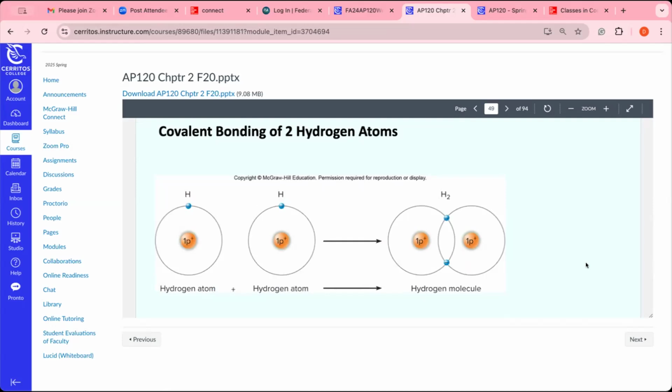This becomes H2. This is a hydrogen molecule. Still hydrogen, but it's not H1, it's H2 now because it's a hydrogen molecule. It's 2 hydrogens together, okay?